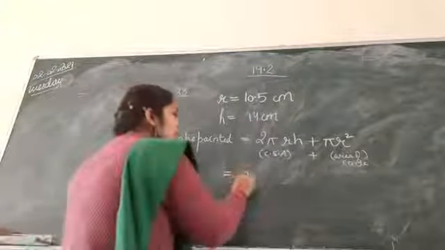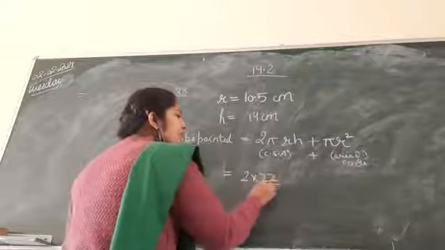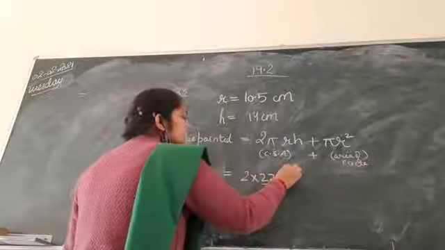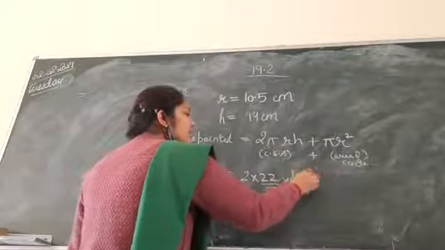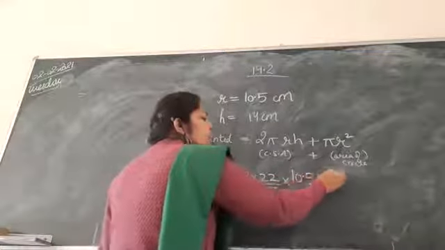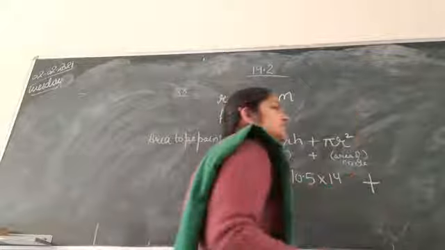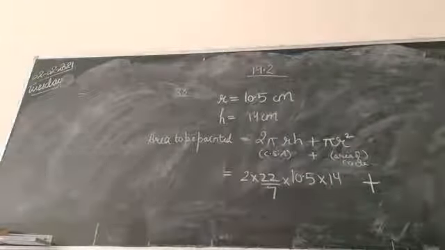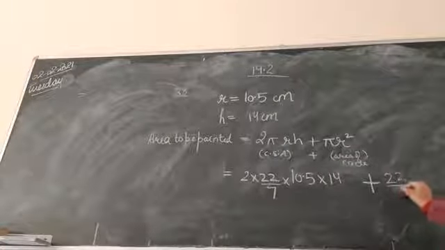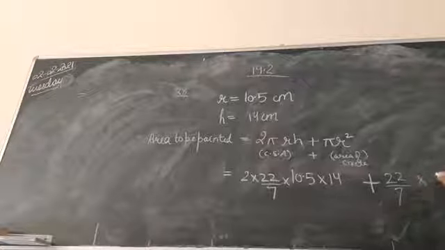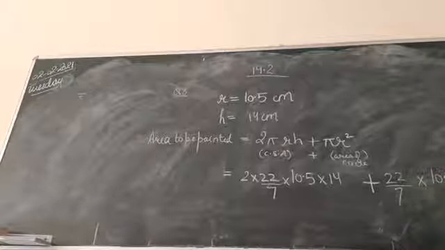Okay, so 2 into 22 by 7 into radius is 10.5 into height is 14 and then plus pi r square. Pi is 22 by 7 into r square means 10.5 into 10.5. Okay.